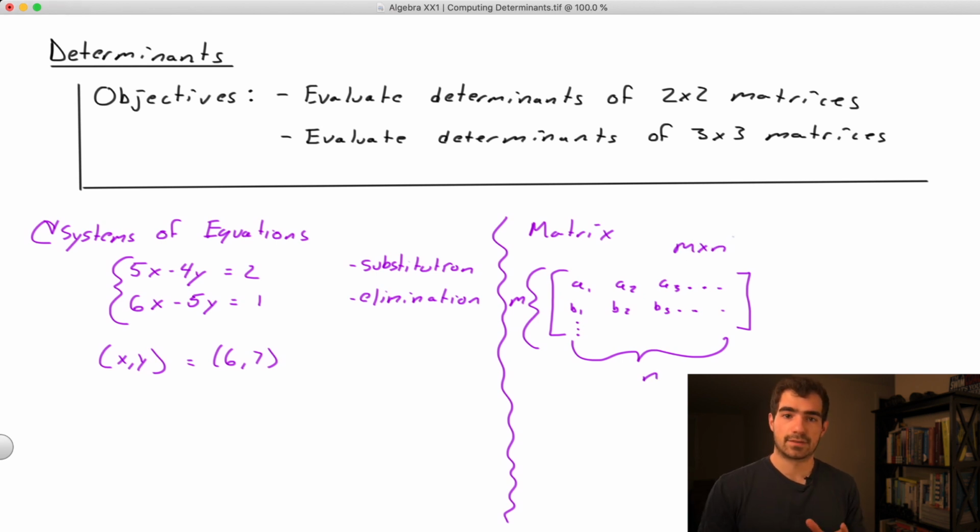Now, these types of mathematical objects, a matrix, deserve a whole coursework of study, if not more. There's lots of nuances and lots of things that we can do with these that would be explored more fully in a class like linear algebra. For our purposes here, we're just going to take a very narrow slice of that, specifically for the purpose of solving systems of equations.